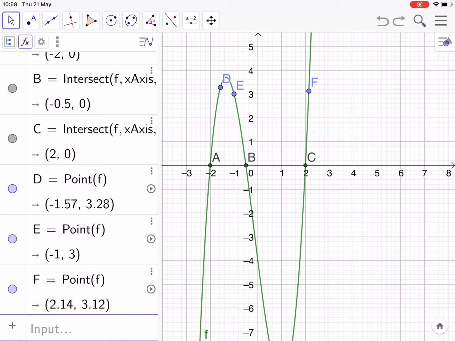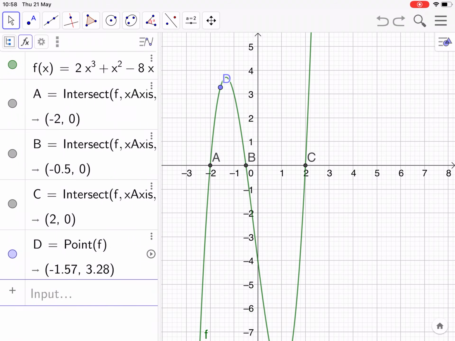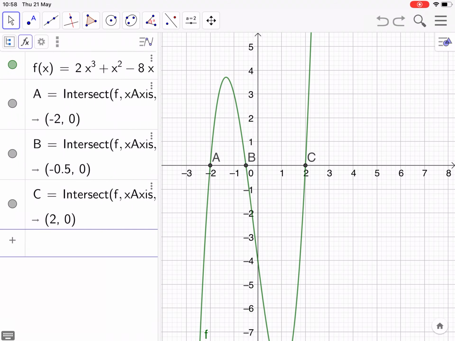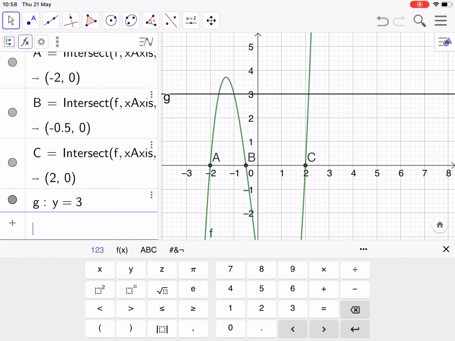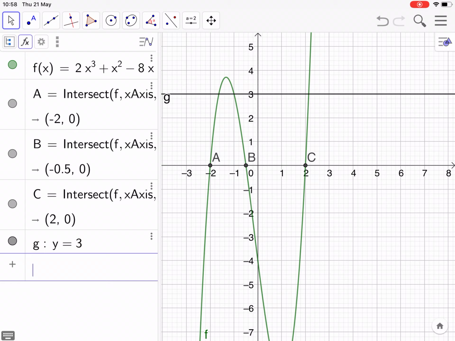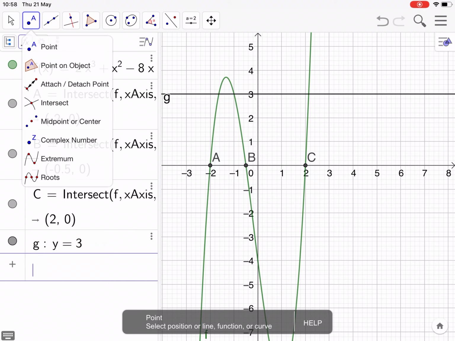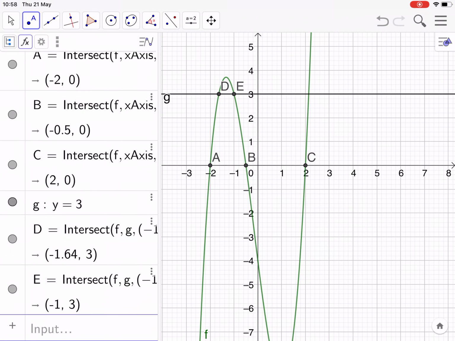Alternatively, if I get rid of those points, what I could do is put in a line where f of x is equal to 3, or y is equal to 3, and it's the points there, okay? That's where the function is equal to 3. And it's on that point, and that point.